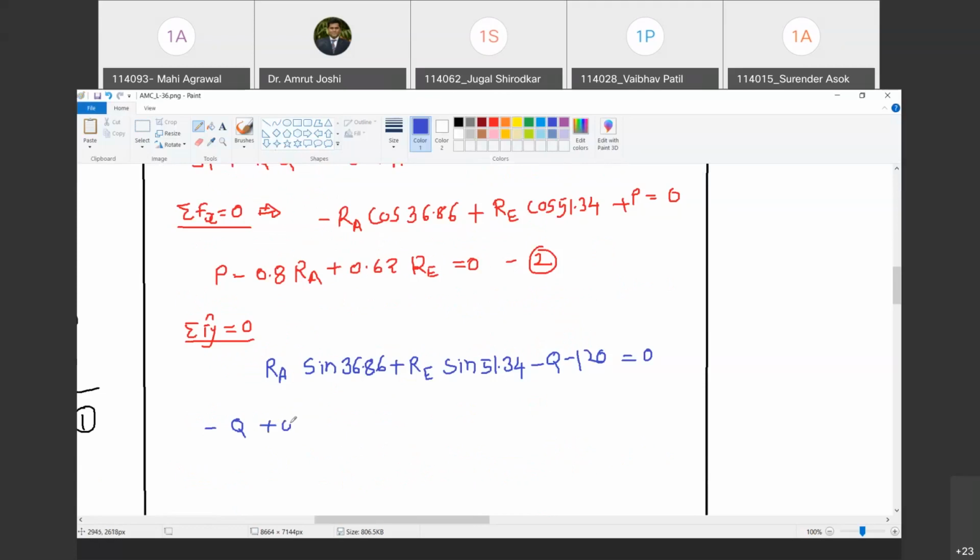Plus 0.6 times RA. Happy? And what is the value of sine 51.34? 0.78.